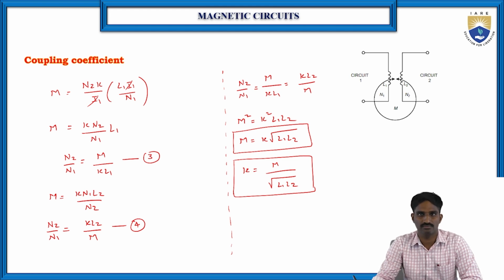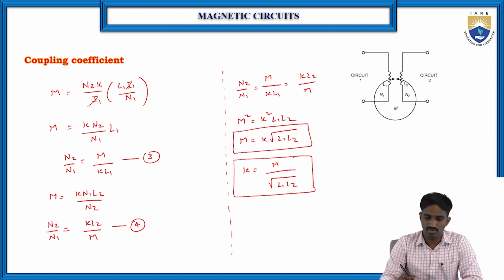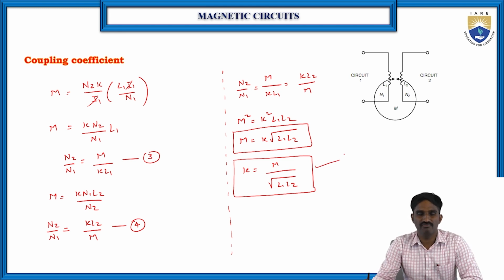This is a very important equation, because we are going to solve some problems based on it: how to calculate the coefficient of coupling when we know the mutual inductance as well as the self inductances of the individual coils.